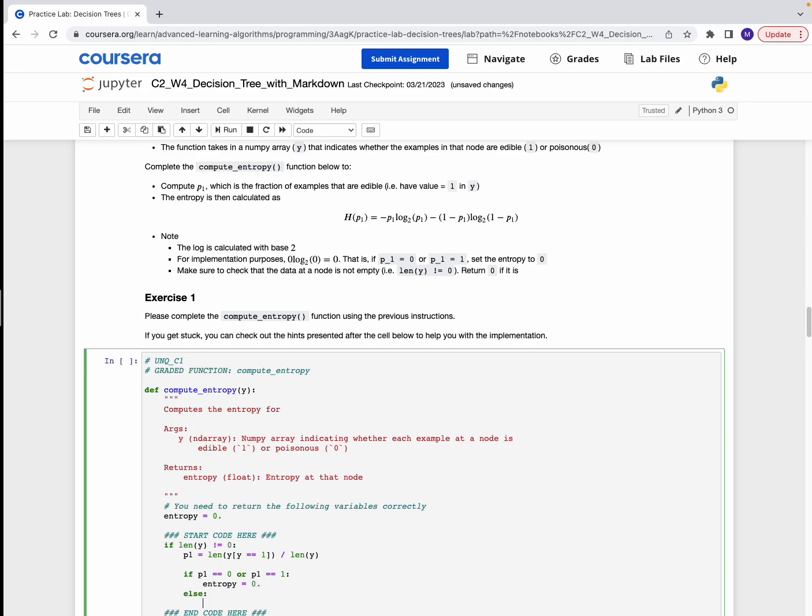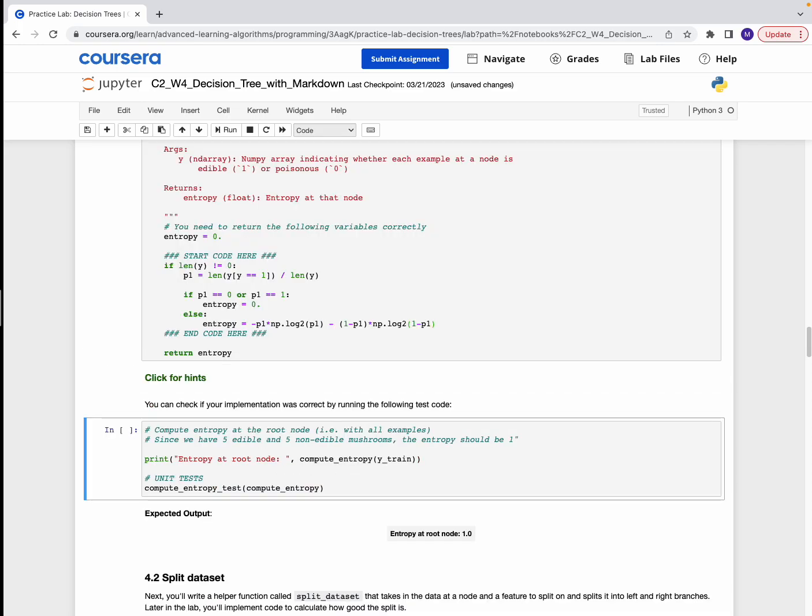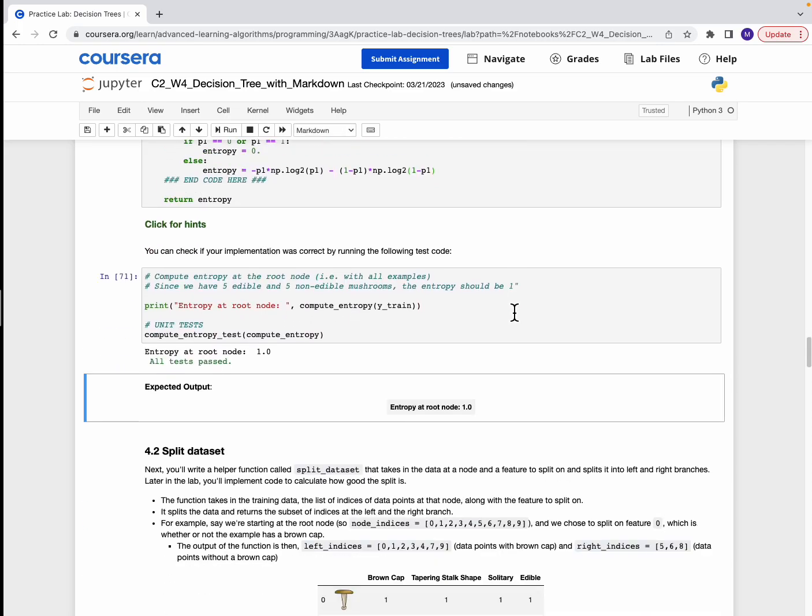Else, we can now compute the entropy with this formula over here. And we run it, and all tests passed.